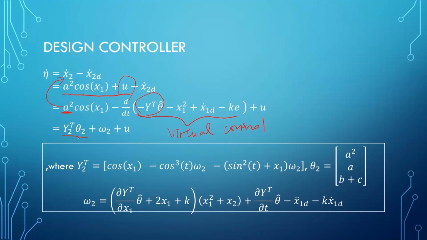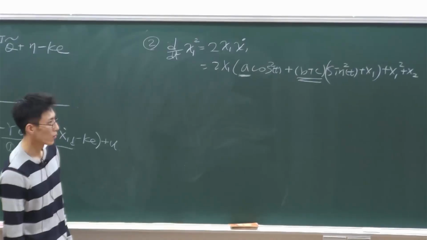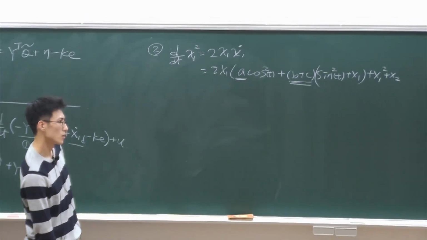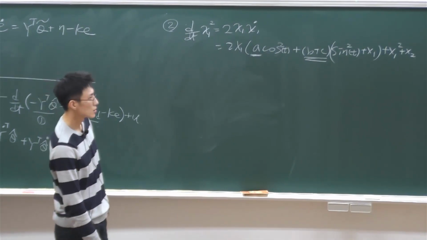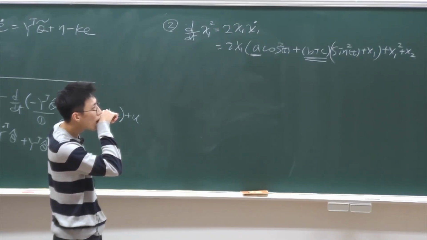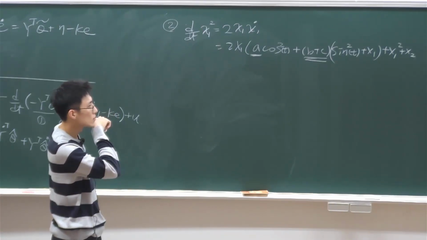And x1 dot is given by the system dynamics here, right? And that will go to y2 theta cosine x1 square omega 2.